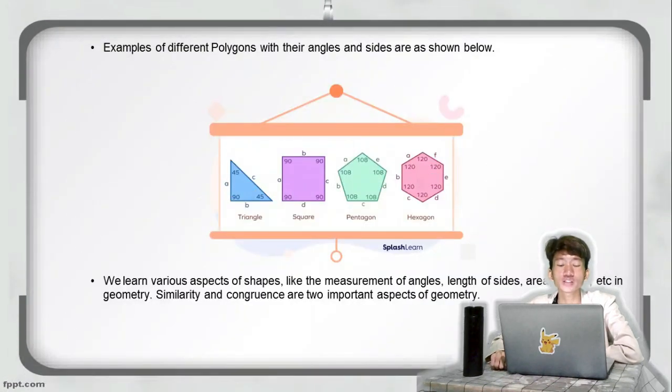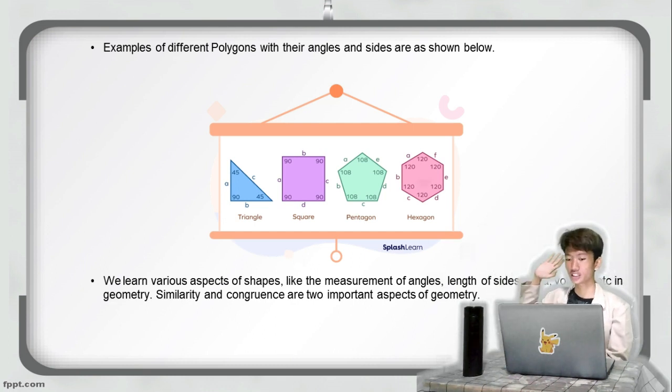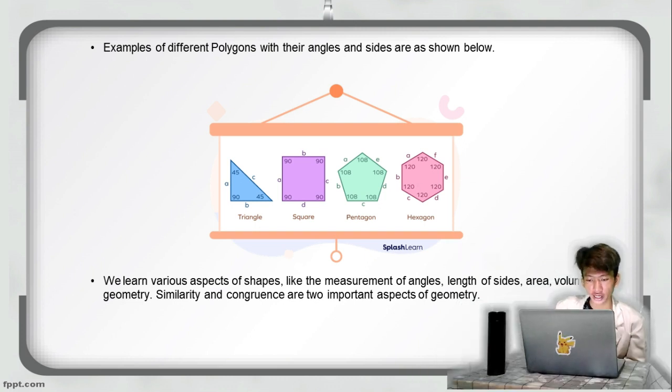Next, examples of different polygons with their angles and sides are as shown below. As you can see on the screen, you can see triangle, square, pentagon, and hexagon. The triangle has one angle of 90 degrees, and the other angles are 45 degrees.